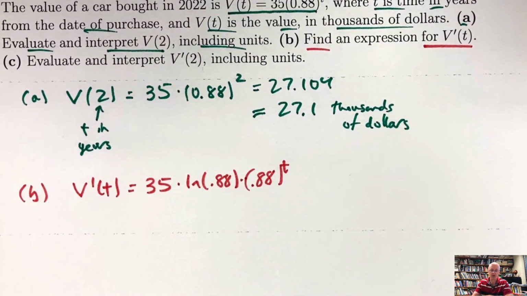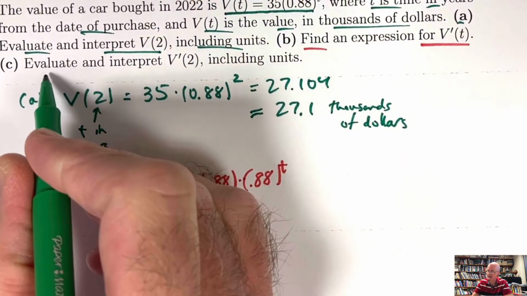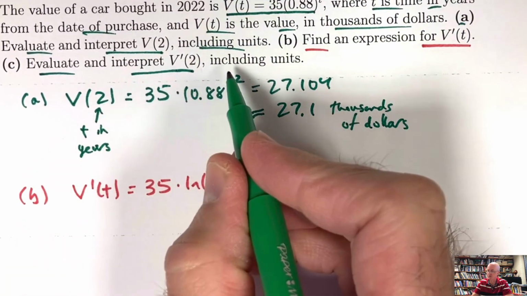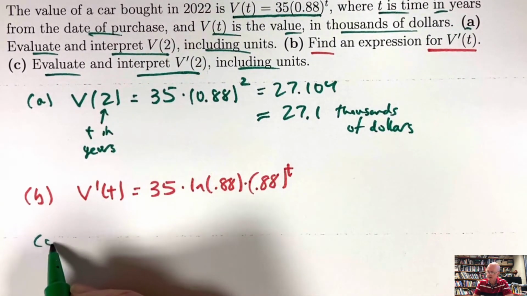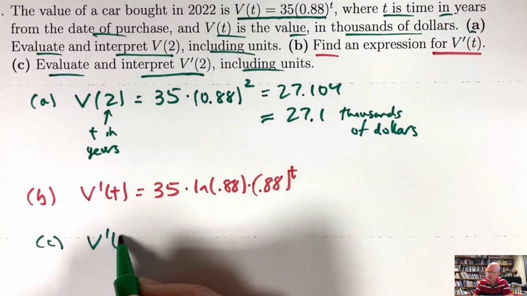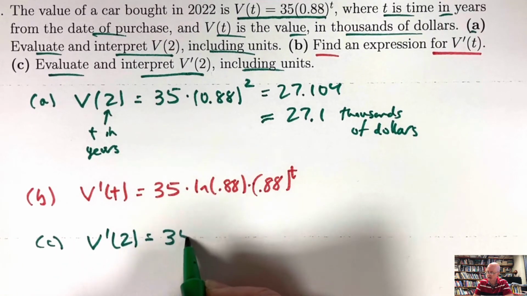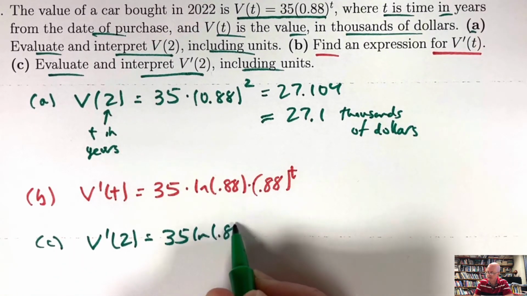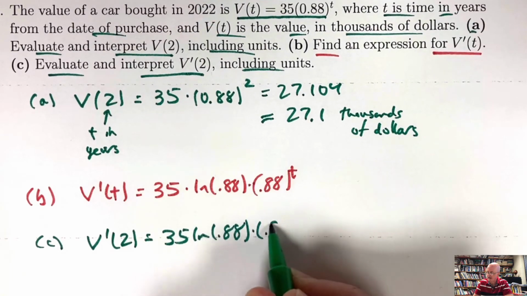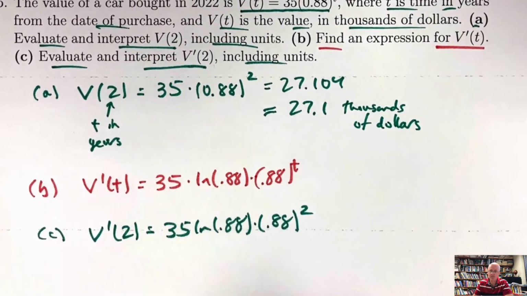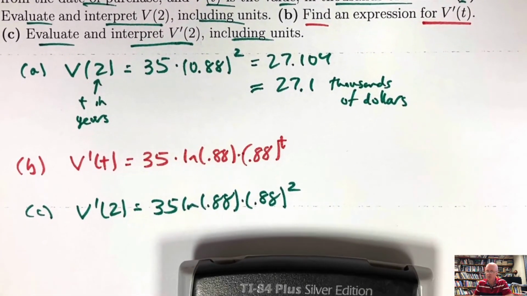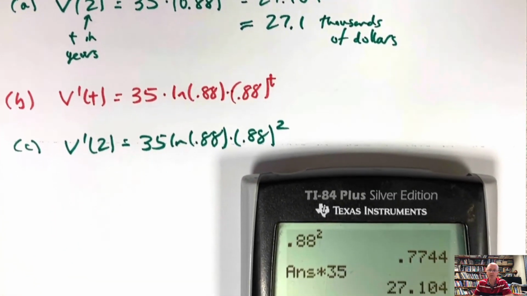Let's go ahead and do part C. To see a particular negative value, evaluate and interpret v prime of 2, including units. So we plug in t equals 2. We get 35 natural log of 0.88 times 0.88 to the second power. We already did 0.88 to the second power times 35.